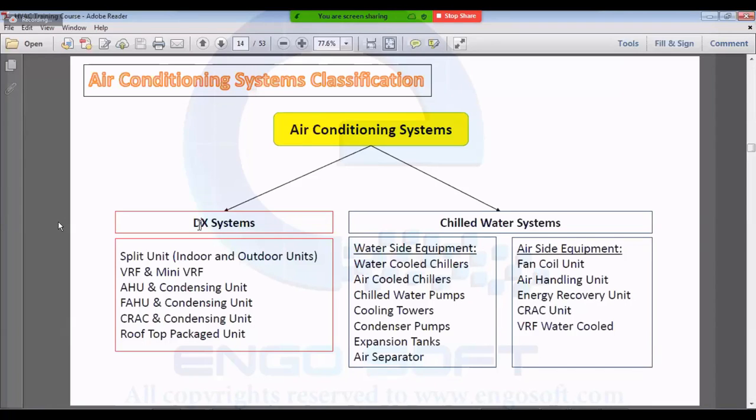So where does the 30% come from? The fresh air duct, right?